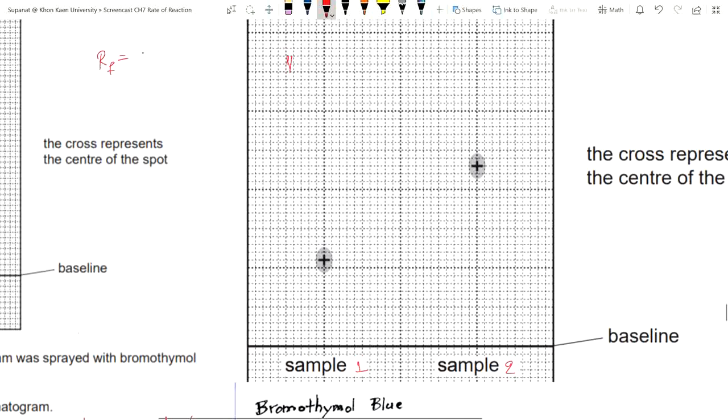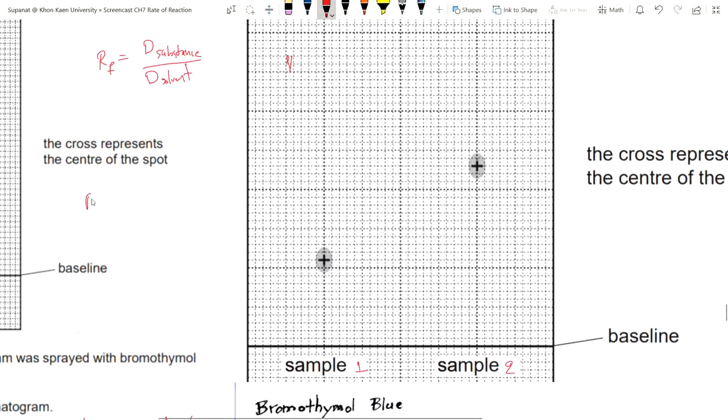RF equals the distance of the substance divided by the distance of the solvent. So let's count the grids here.